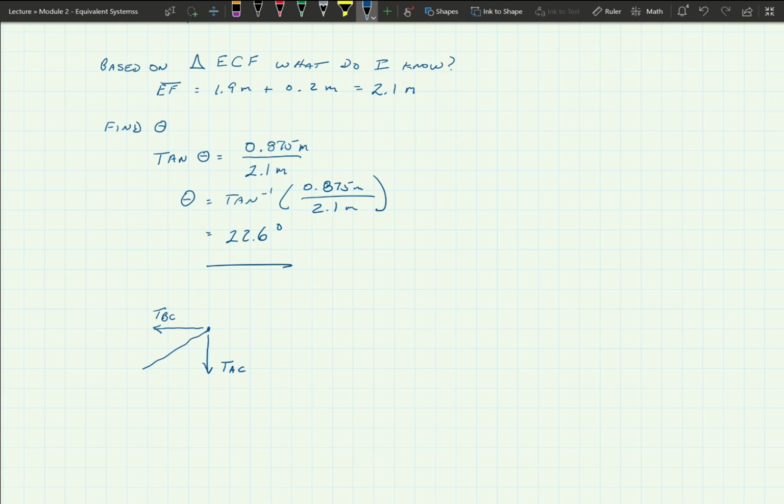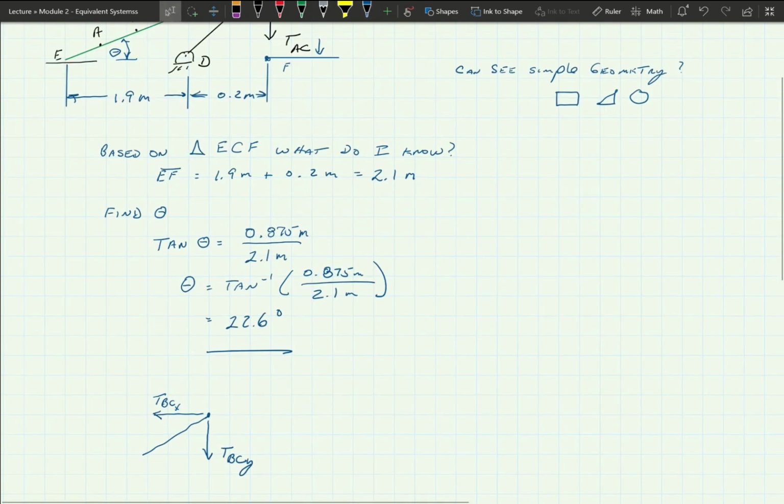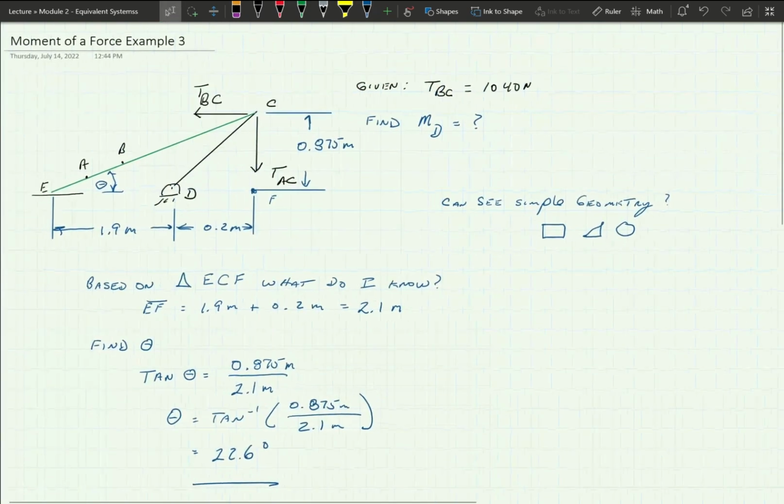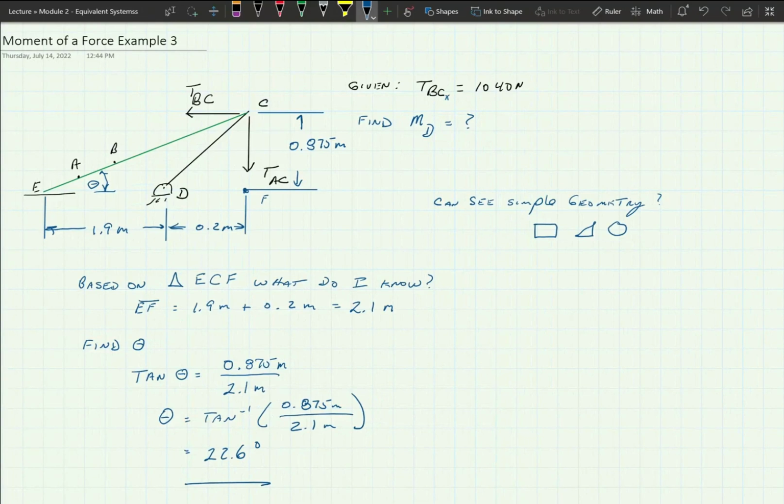Ah, I see what I'm doing wrong. This is TBC in the Y, and this is in the X. Okay, TBCX. No, take that back. That goes there. This is X. This has got to change to BCY. Okay, and that makes more sense.